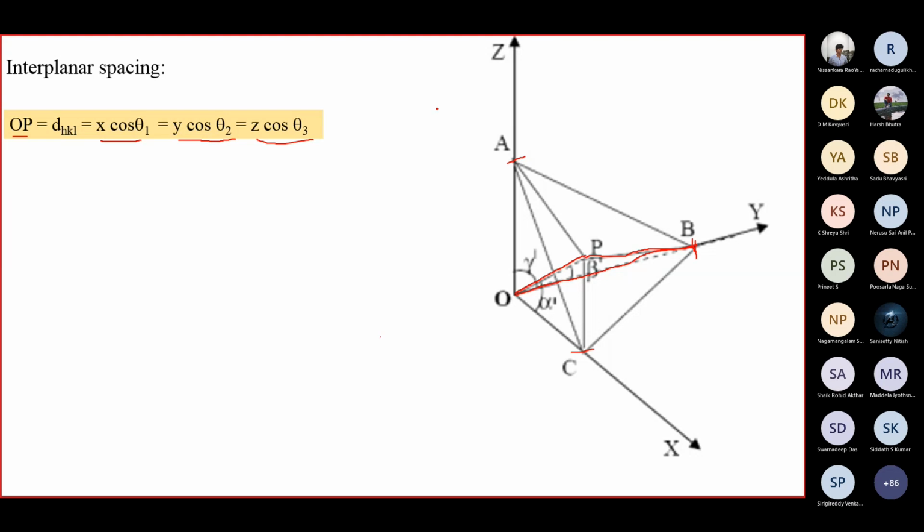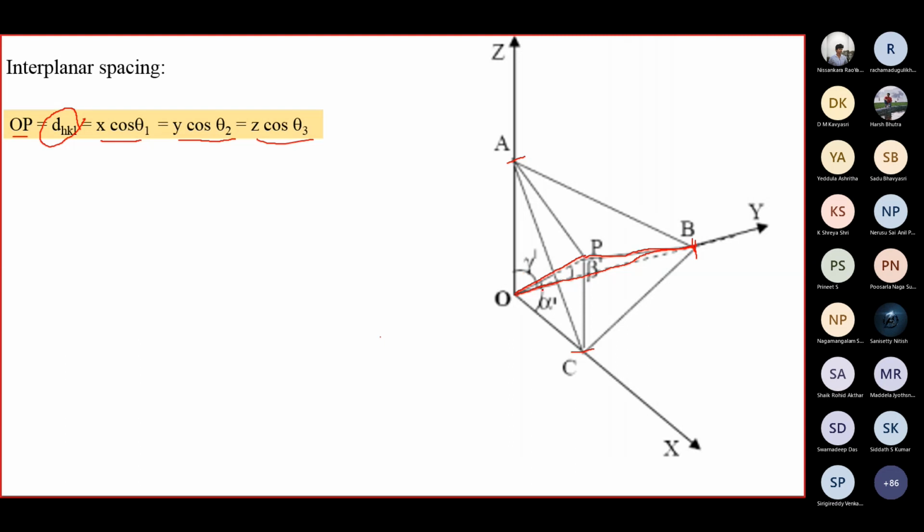Okay. And here one more catch. See here, this d_hkl is the distance between hkl planes. OP is called the distance between hkl planes. For that, we have considered this triangle ABC at a distance OP from the origin.